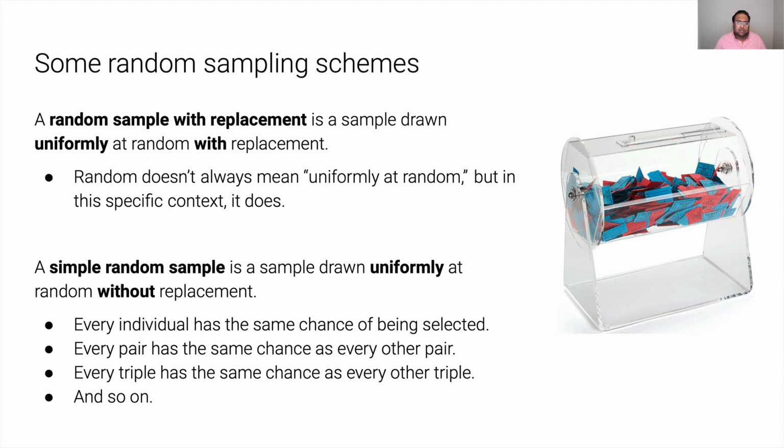And every group of 3 individuals needs to have the same probability of being selected as every other group of 3 individuals, and so on and so forth. And so more generally, in a simple random sample, any subset, I should say, of k individuals needs to have the same probability of being selected as any other group of k individuals from our population.